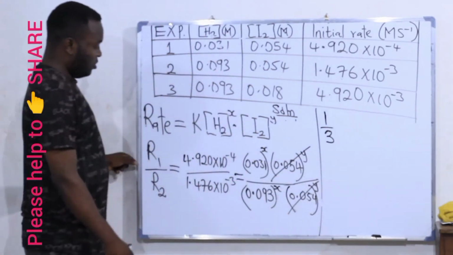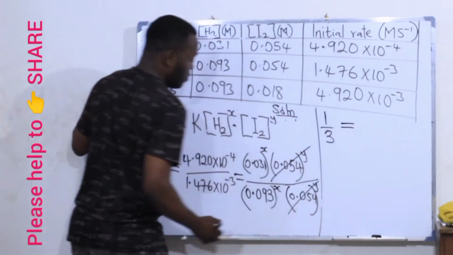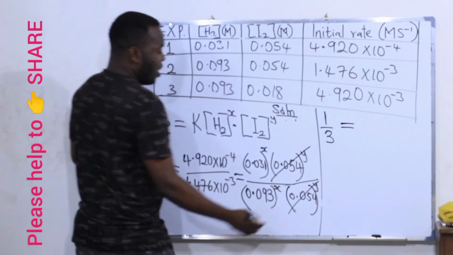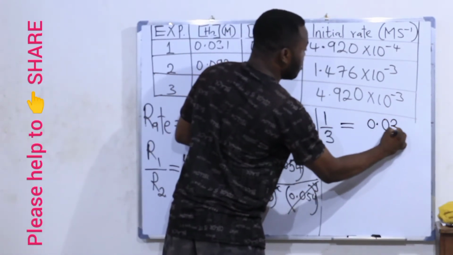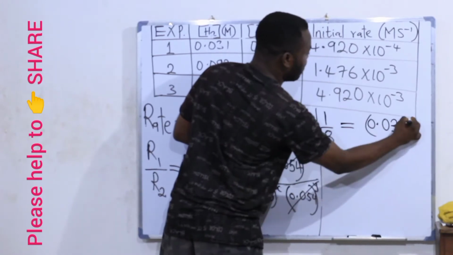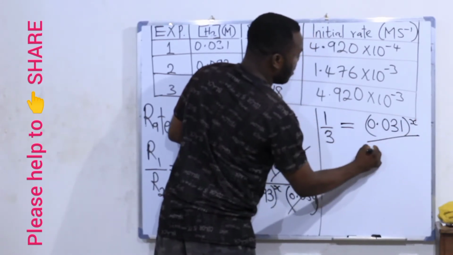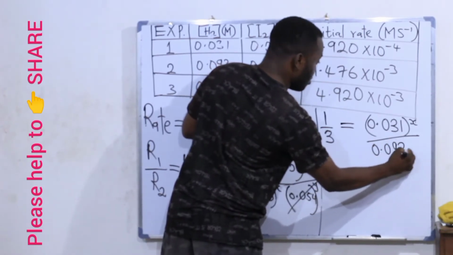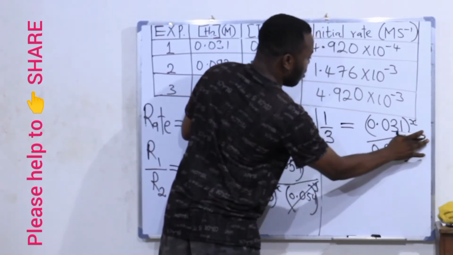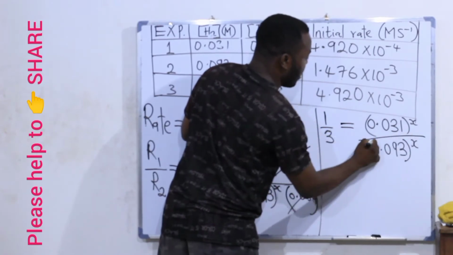Am I correct? Equal to, if I divide this, I will have 0.031 power X, all divided by 0.093 power X. All I need to do now is to find my X.